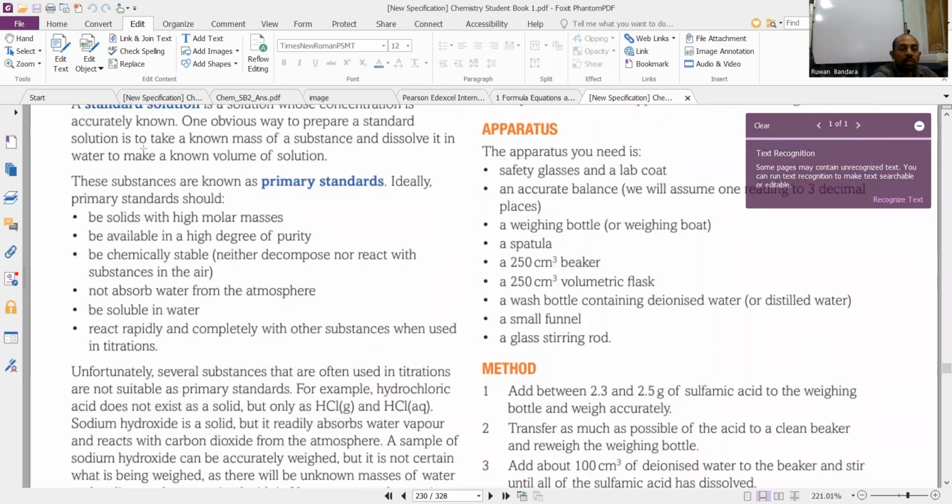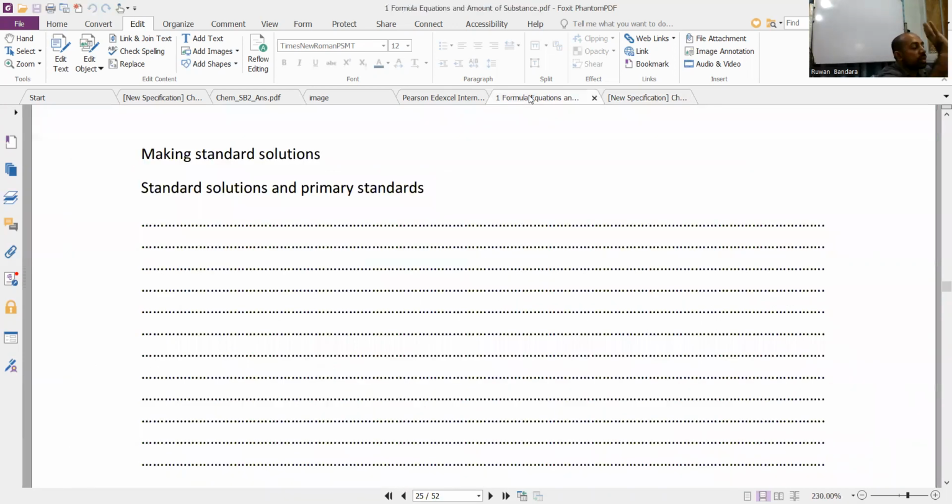Can you repeat that, please? I will repeat. Standard solution is a solution whose concentration is accurately known.